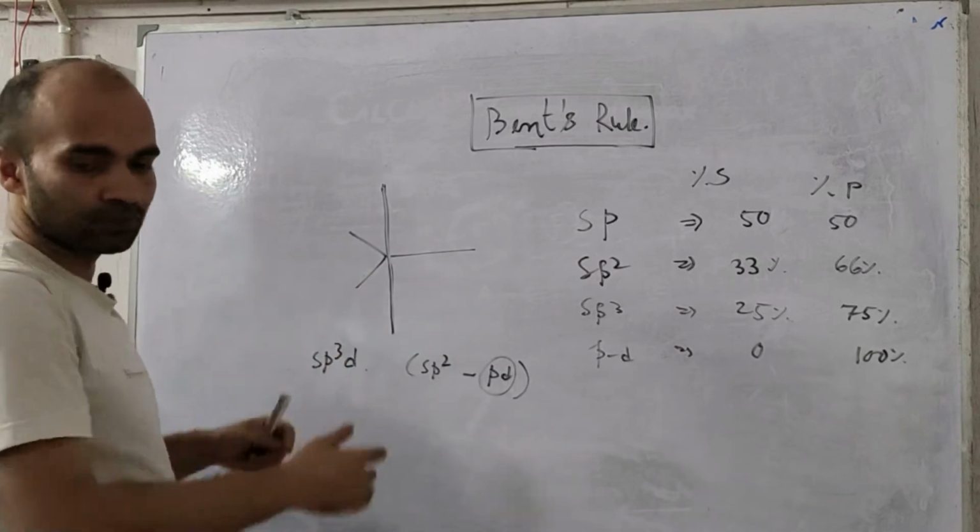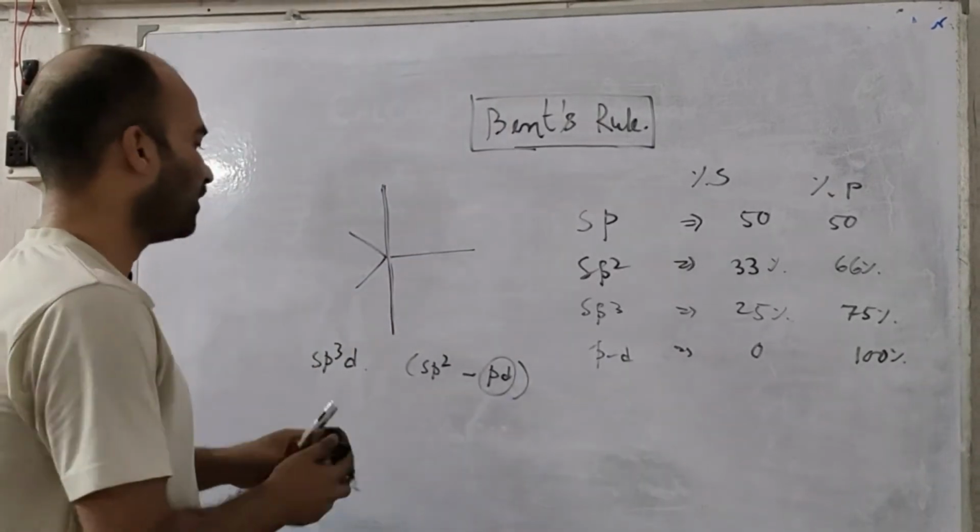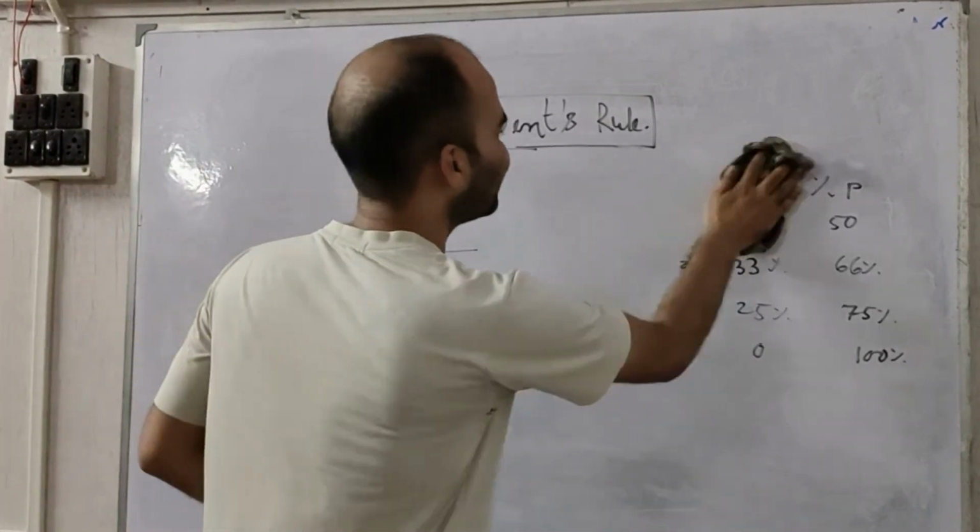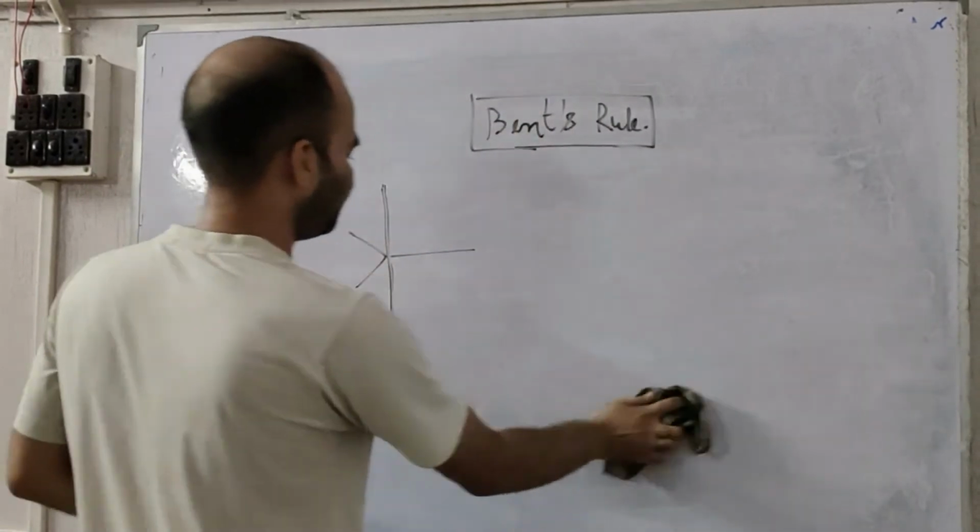And this rule can be justified by simple lone pair bond pair repulsion. Let us take an example of that.